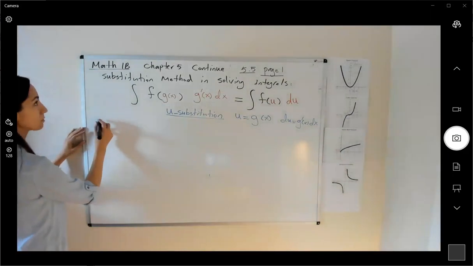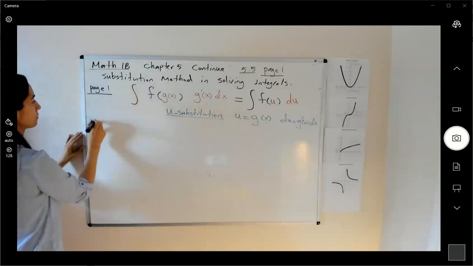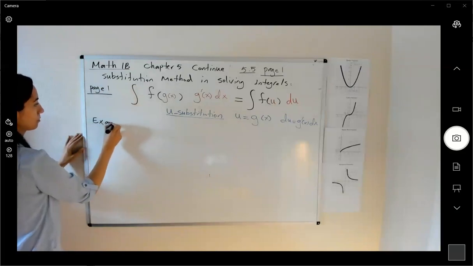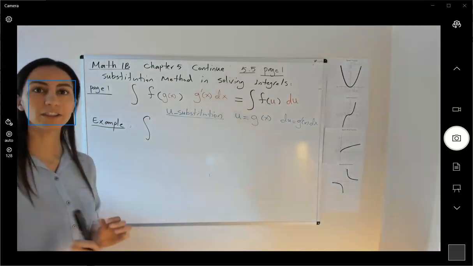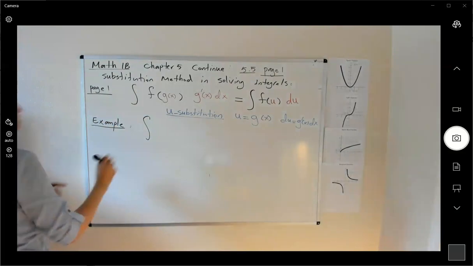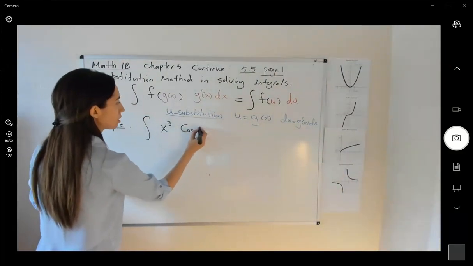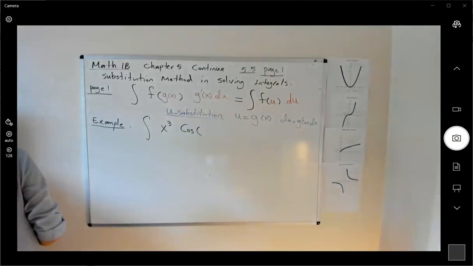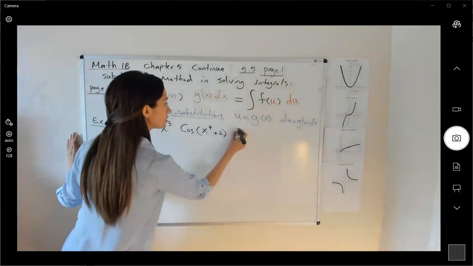Example. The question says, find the integral of x to the third cosine of x to the fourth plus 2 dx.